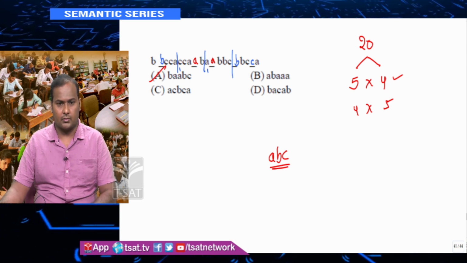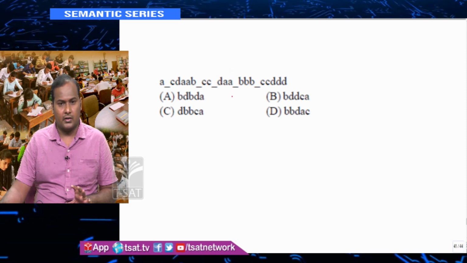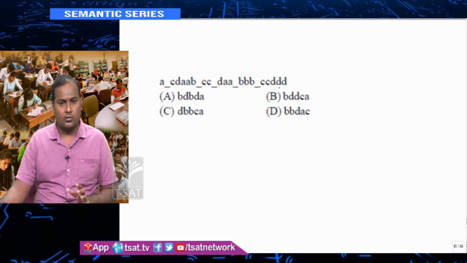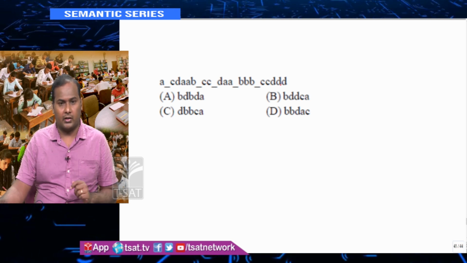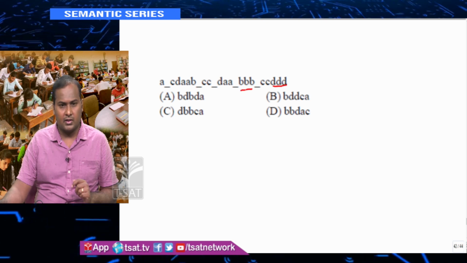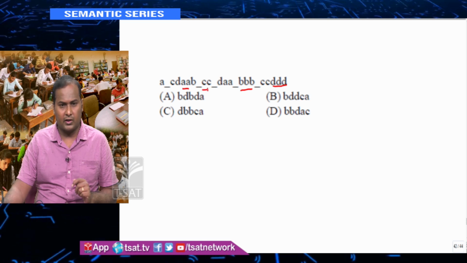Now next question. Look at the question here. What is the clue? I already said that the first thing in reasoning is observation skill. The moment I see the question, there is something that keeps on repeating. You see here D D D is repeating. Here also B B B is repeating. Here A repeats twice, and C repeats twice.